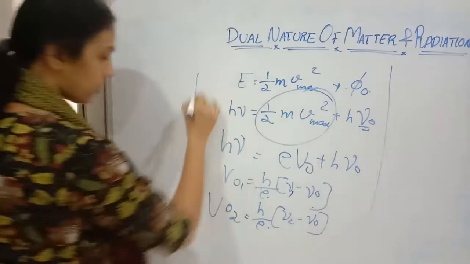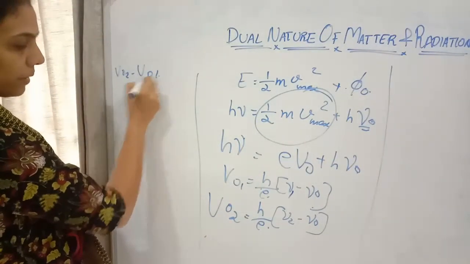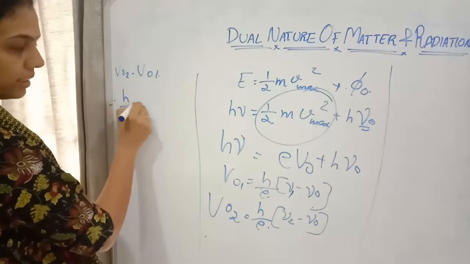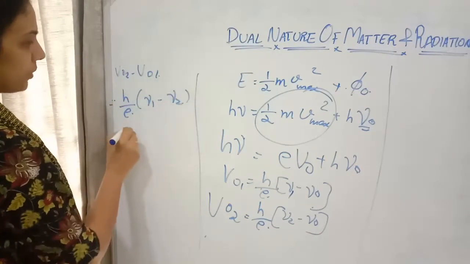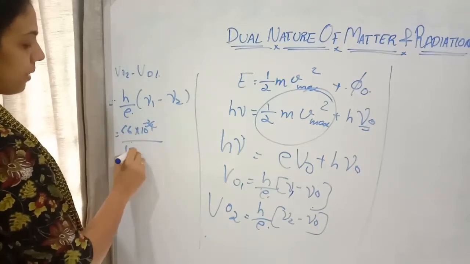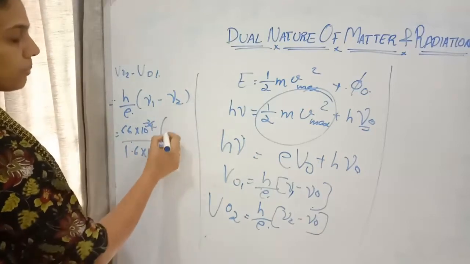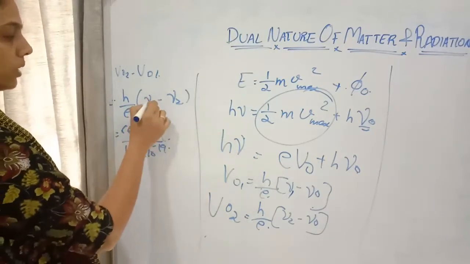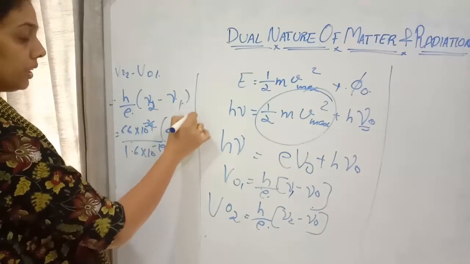Difference in potential, I'll write down here. V02 minus V01 will be equal to h by e into nu 2 minus nu 1. h we know is 6.6 into 10 to the power minus 34, divided by 1.6 into 10 to the power minus 19, into nu 2 minus nu 1. Nu 2 minus nu 1 is 4 into 10 to the power 15.